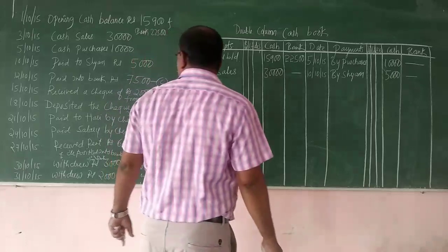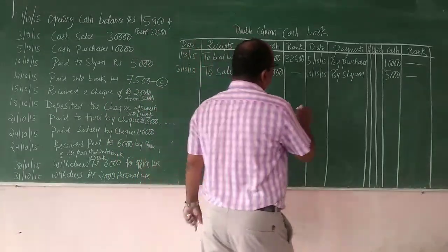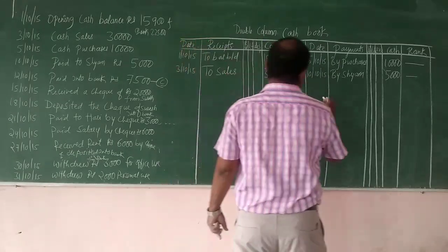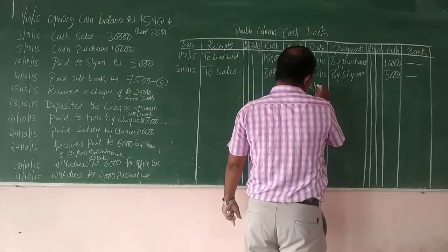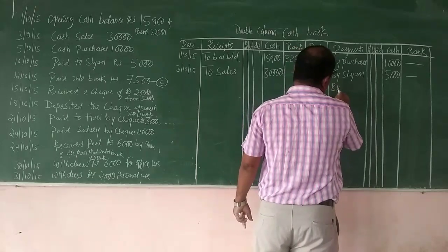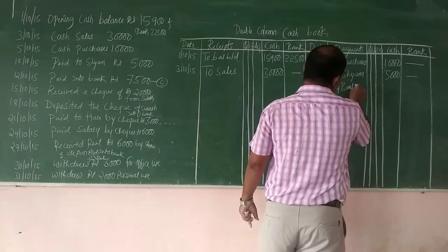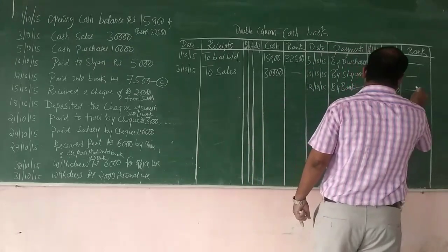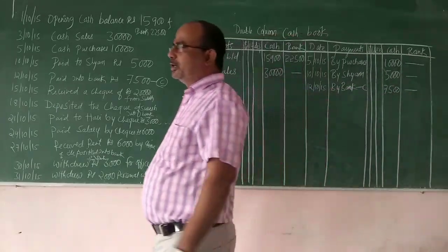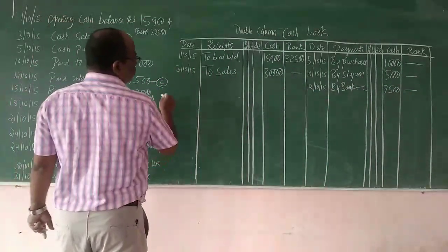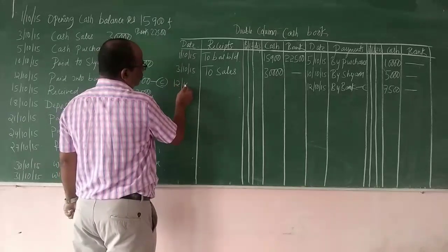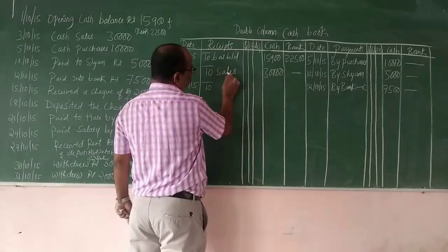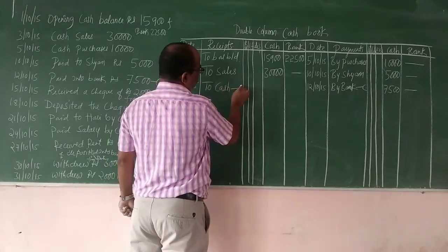So paid into bank. On this date, that is 12, for cash, it will be a payment by bank, contra. So much, 7,500. For bank, it will be a receipt, to cash, contra.